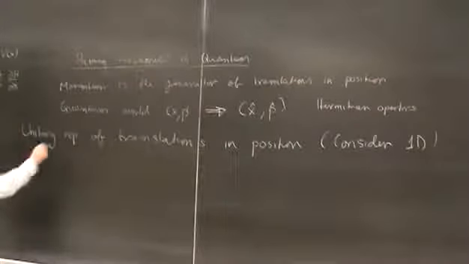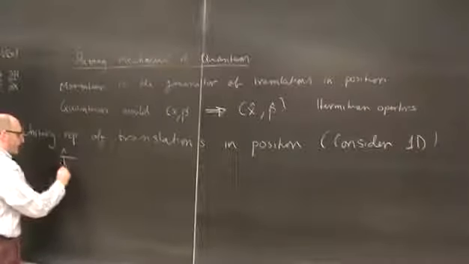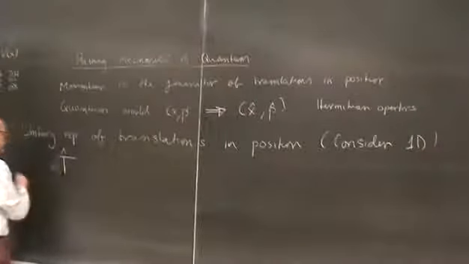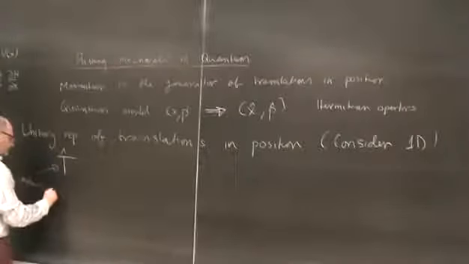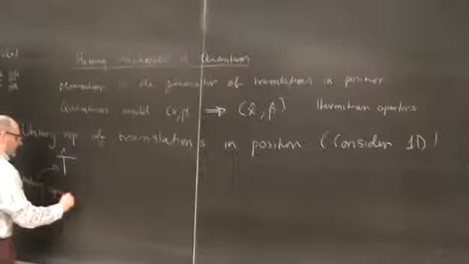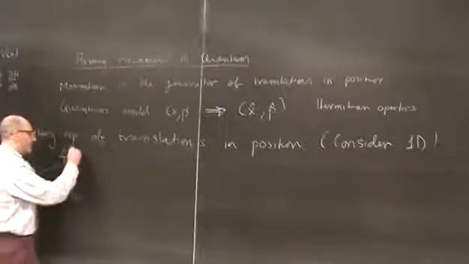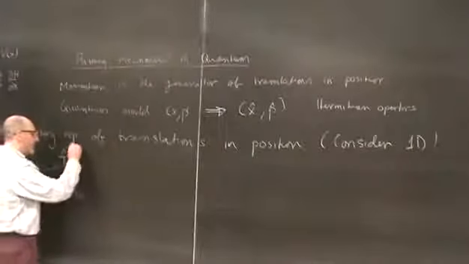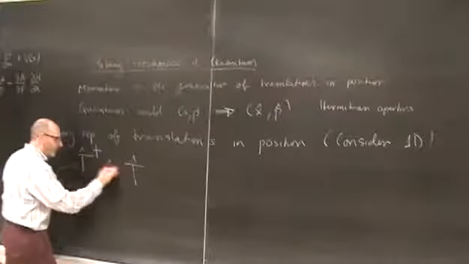And so this unitary representation is the following. Let's say T is a unitary operator. And to say that it is a representation of translations in position, it says that if I do a unitary transformation on the position operator, where this particular element of the group, oops, this is 1D, sorry.